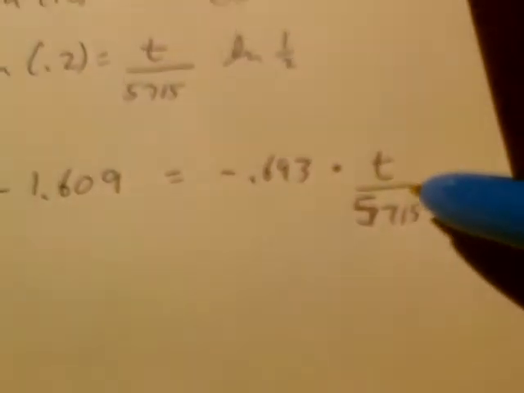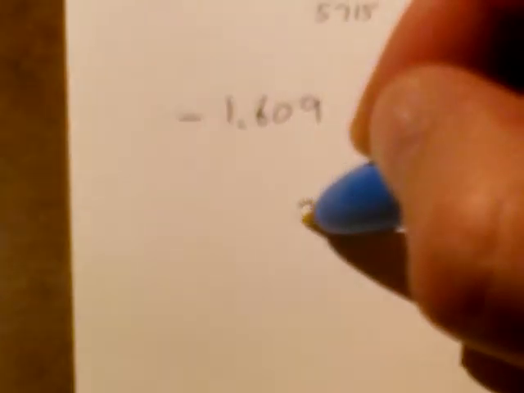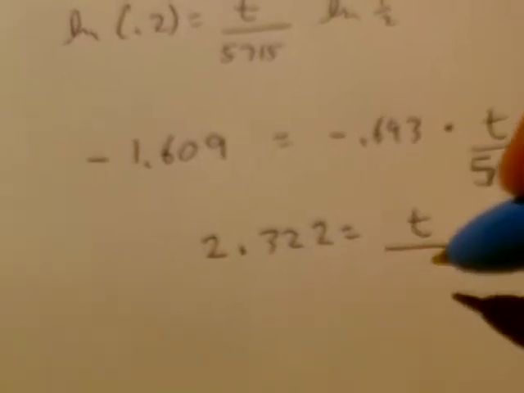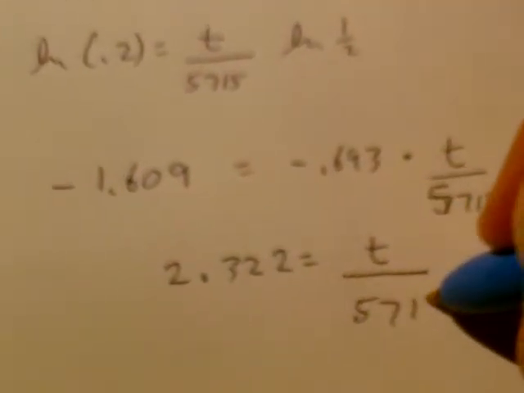And then we're going to divide both sides by 0.693 to isolate the t, the variable there. So negative 1.609 divided by negative 0.693 equals 2.322, equals t over 5715.